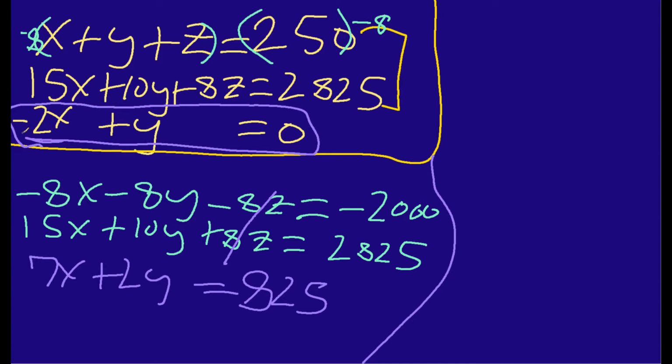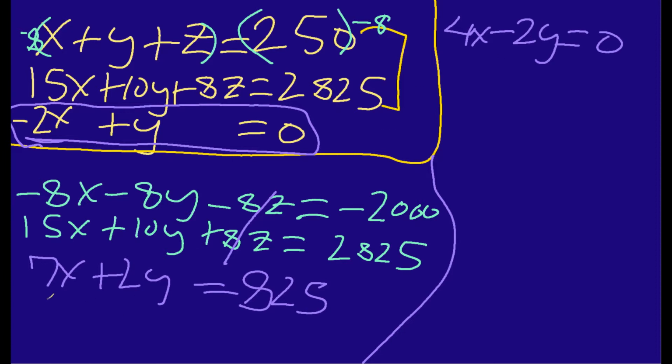So what I'll do is I'm going to multiply this equation right here, negative 2x plus y, by negative 2. If I do that, I will have positive 4x minus 2y. And then I can combine it with my second equation here. So please watch carefully. So negative 2x times negative 2 is going to be 4x. Y times negative 2 is going to be, of course, negative 2y, and it still equals 0.